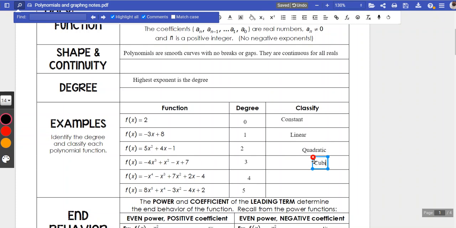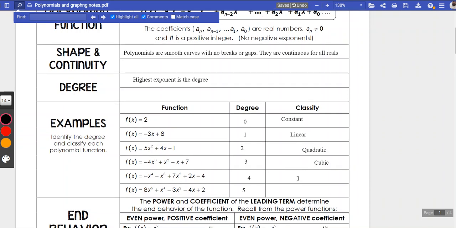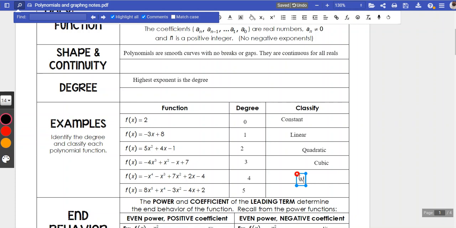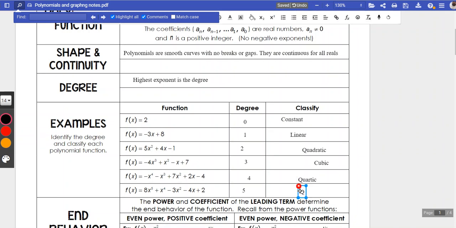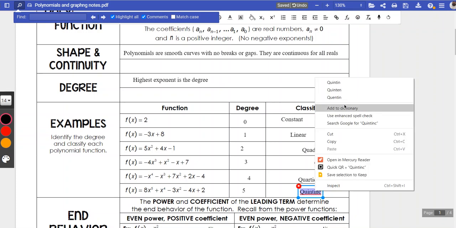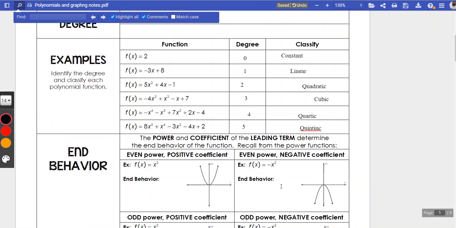That one's a cubic. Polynomial of degree 4, that is a quartic. Not a wartic, but a quartic. And polynomial of degree 5 is a quintic. But you don't really need to know fourth and fifth degree. You can leave it as that. Yeah, that's fine. Quintic. All right.